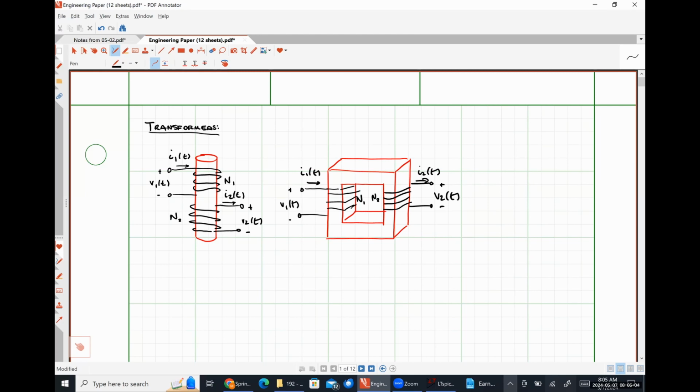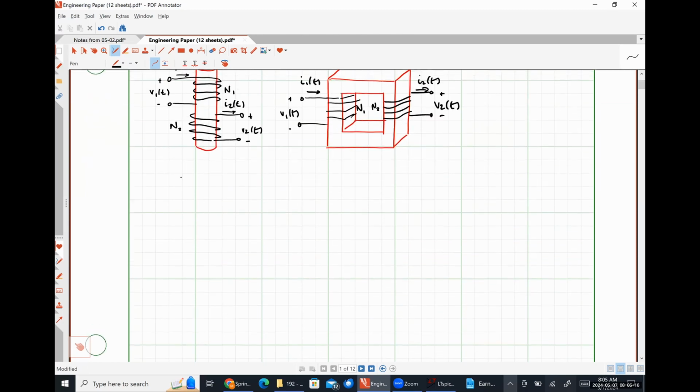So the degree by which the coils are coupled is usually characterized by what's called the coupling coefficient k. Okay, so k, lowercase here, will be the coupling coefficient, and it is a unitless quantity.